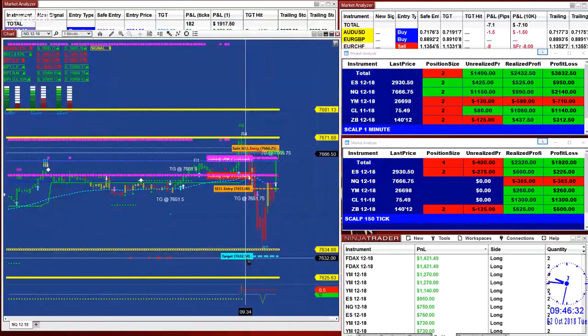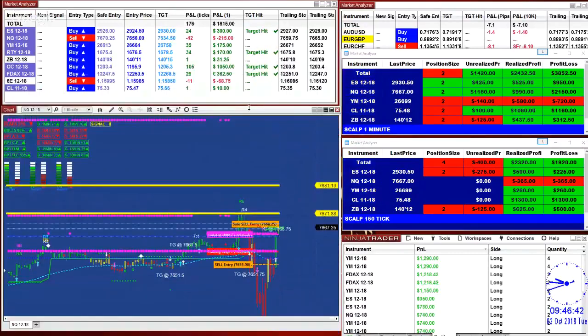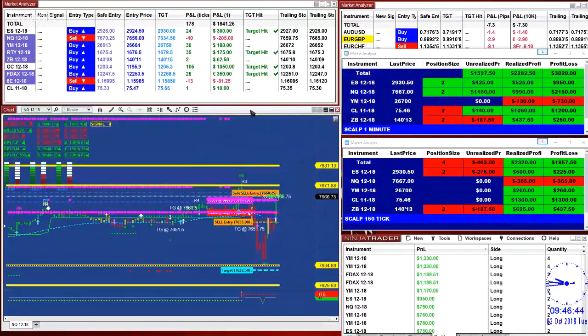We missed the target by just a few ticks, 4 ticks actually. And now the market might change on the Nasdaq. So it surprised me with the new signal. If we have a new signal on the Nasdaq, we will be taking the new signal as well.